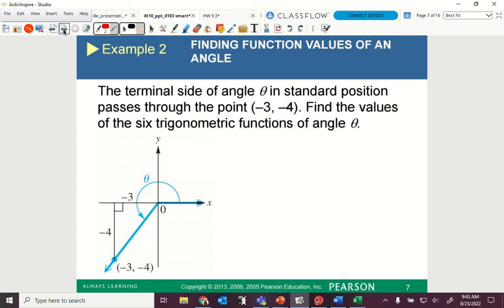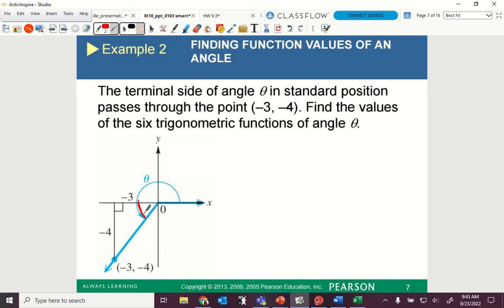Example 2. The terminal side of angle theta is at -3, -4. So here's my reference.